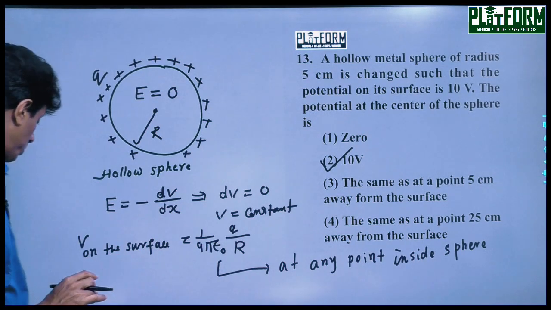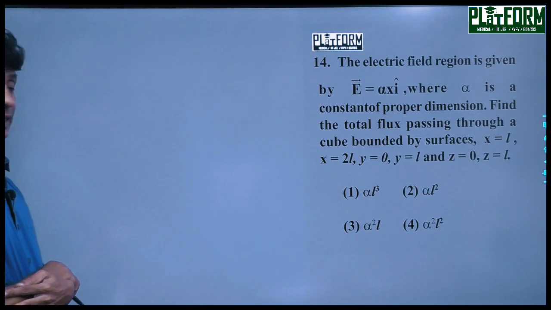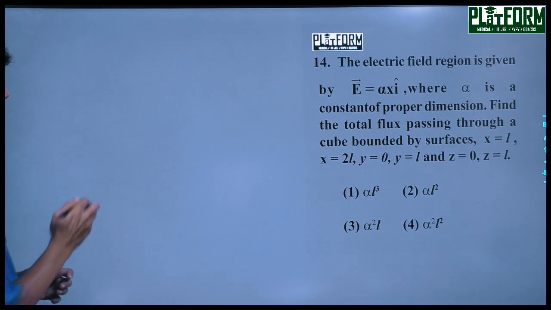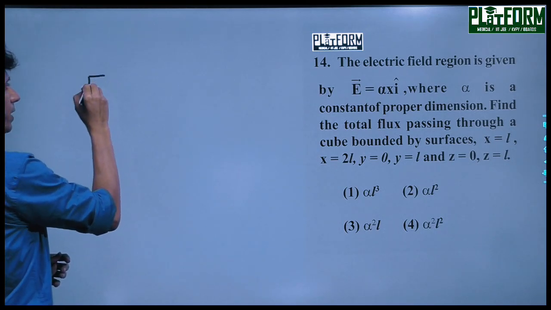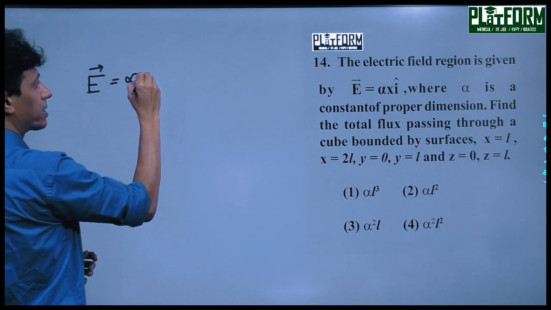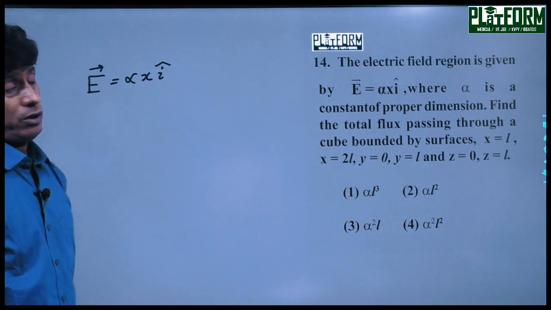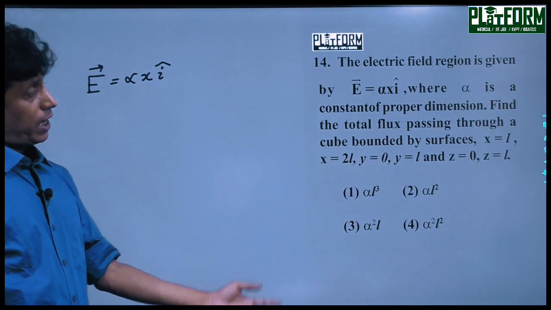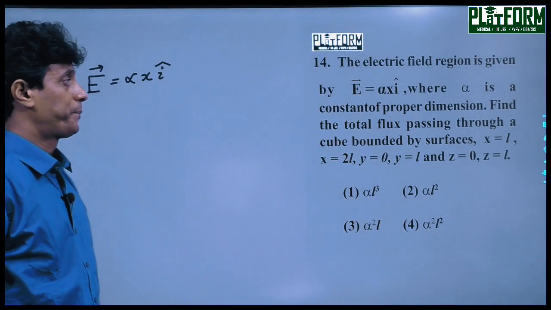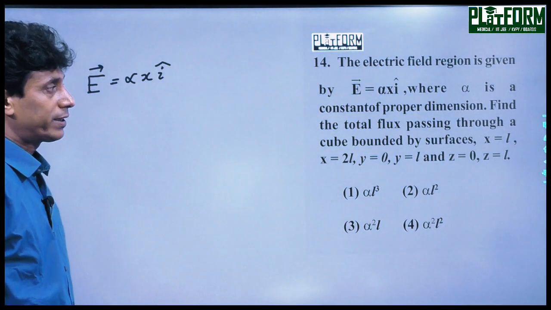Next problem of this video session. The electric field in a region is given by E equal to alpha x i cap, a variable electric field, where alpha is a constant of proper dimension. Find the total flux through a cube bounded by the surface.